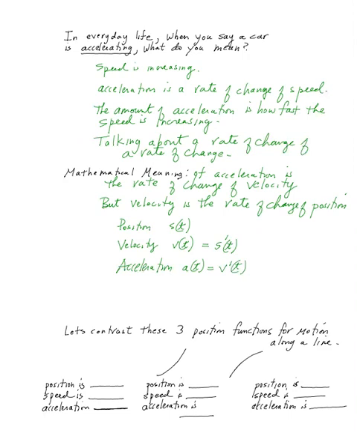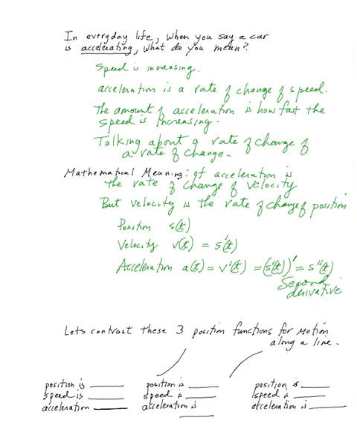But velocity is the derivative of position. So we're talking about replacing velocity here with s prime of t, but then we're taking the derivative of that. So the way we write that is s double prime of t. Hence, we have the idea of a second derivative.